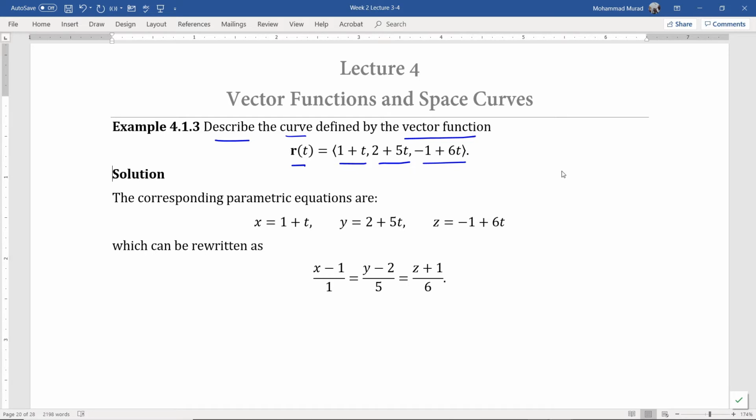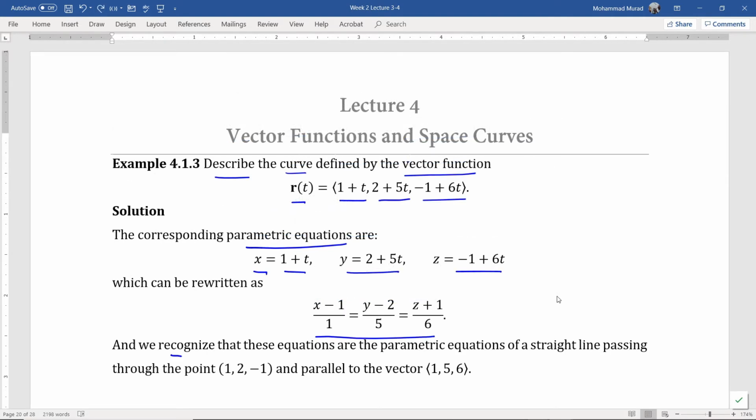The corresponding parametric equations are x equals 1 plus t, y equals 2 plus 5t, and z equals minus 1 plus 6t, which can be written by eliminating the parameter t as shown here. If we remove the parameter t from all these three equations, we get an equation like this.